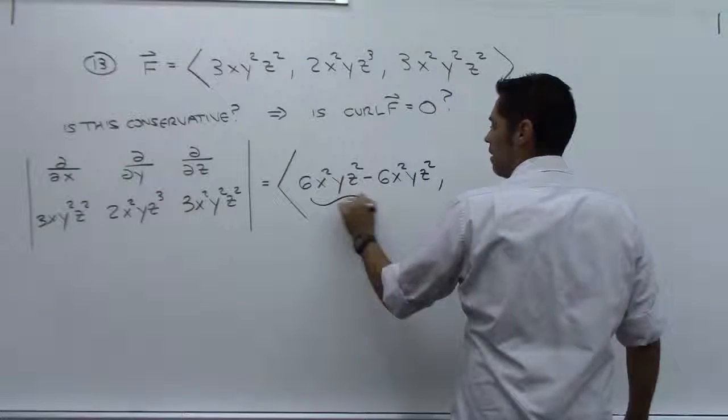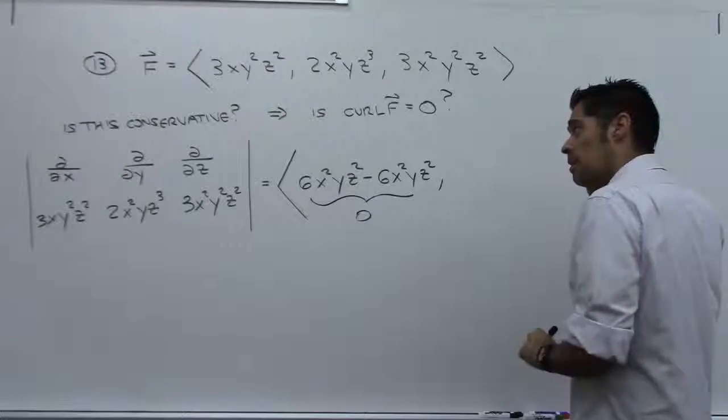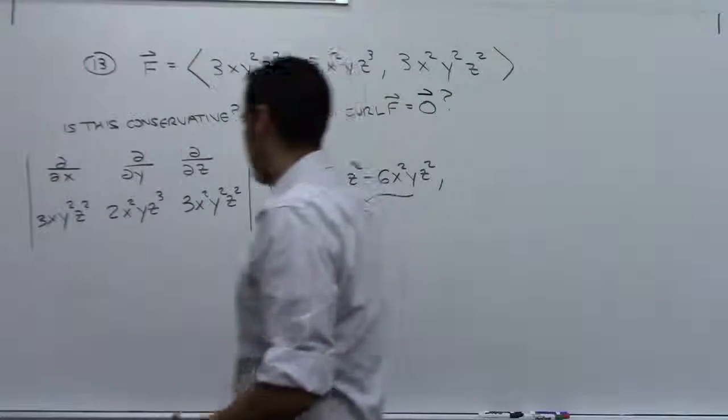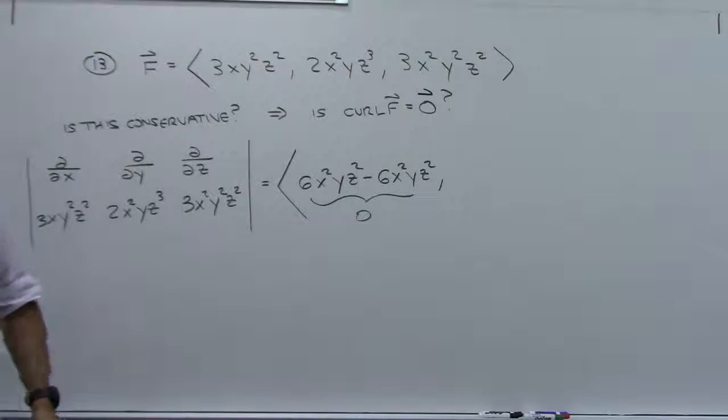And you can notice already that is 0, so that's a good sign. And then, this is a curl of the 0 vector. I forgot to put that up there. I hope that's what I have in my notes.